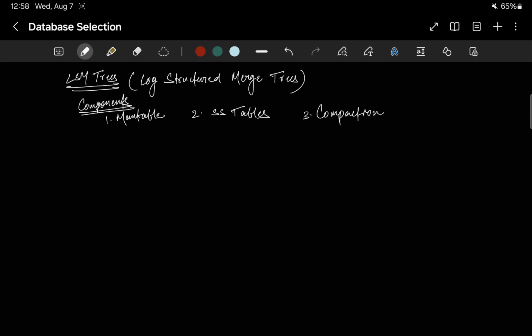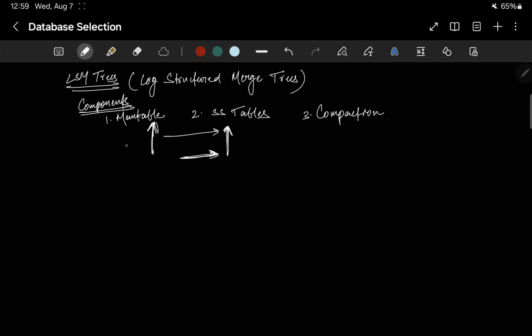So basically what happens is any write goes to the memtable, and periodically this memtable writes to SS tables. And why SS tables? Because to persist. SS table is basically on the disk, and when you write to the SS tables, it persists there, and later you can read from there.